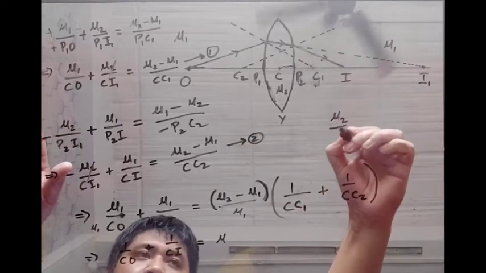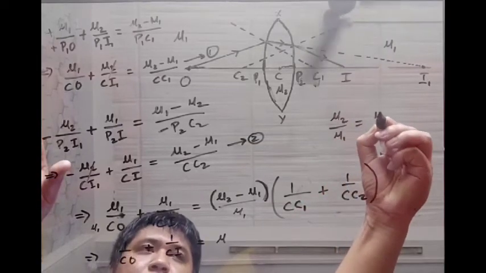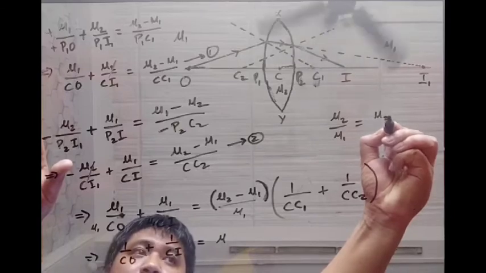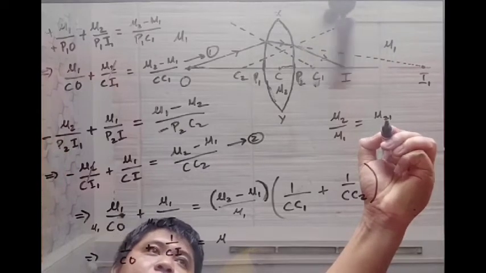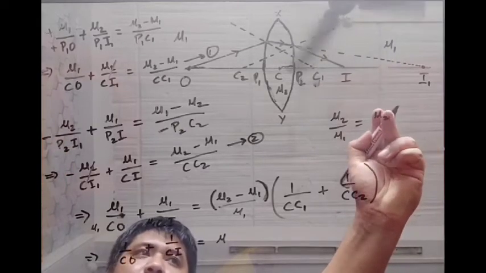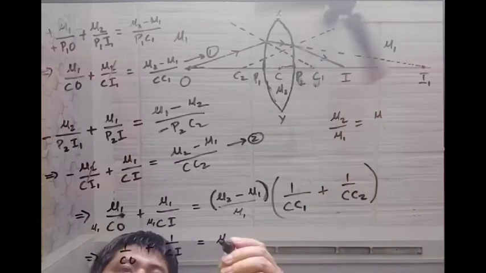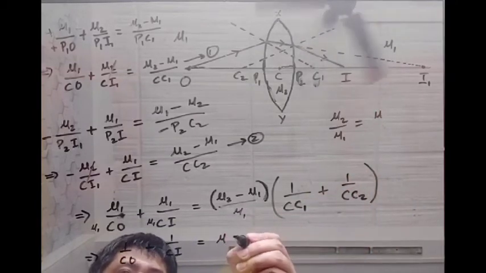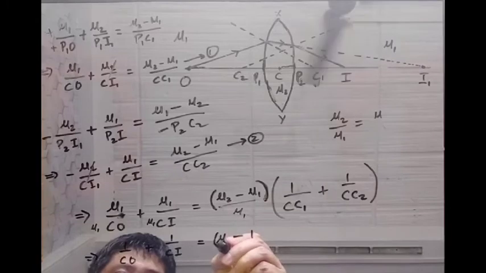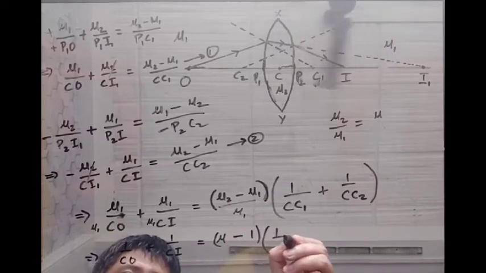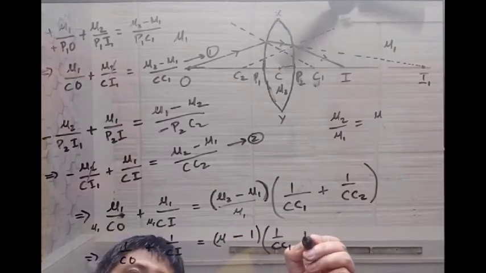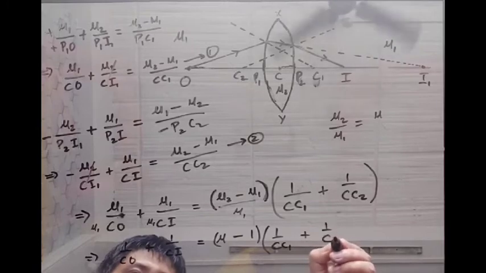Actually it is mu2 1, but we write mu here. Mu1 by mu1 is 1. Times 1 by CC1 plus 1 by CC2.